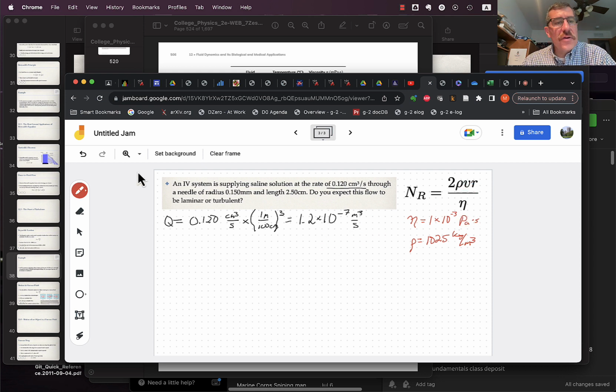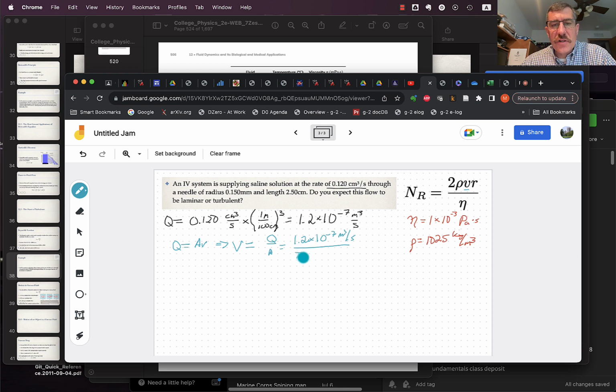Okay, so the only other thing we need is the speed v. But I've got a volume flow rate. If you remember, volume flow rate is A times v, which means if I need my speed, I can take my volume flow rate, 1.2 times 10 to the minus 7 cubic meters per second, and divide that by the area.